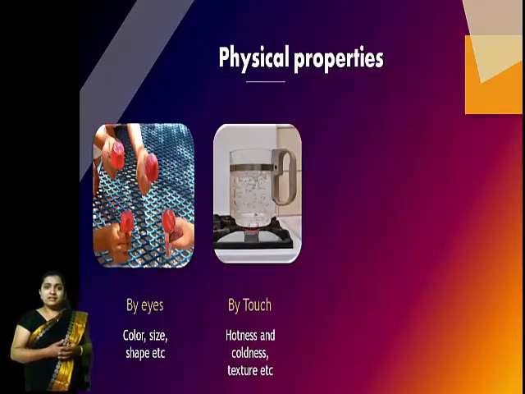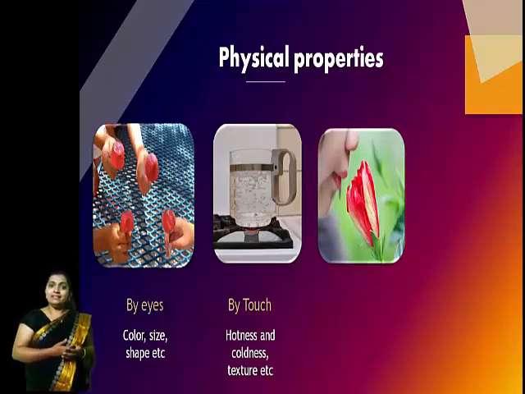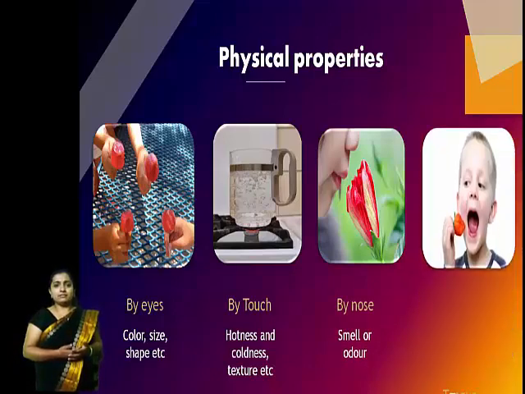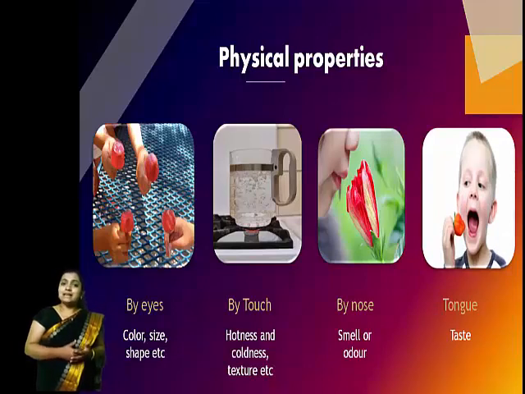By touch, we can understand hotness, coldness and texture. By nose, we can understand smell or odor. We can understand taste. So, these are the physical properties because they can be sensed by our senses.